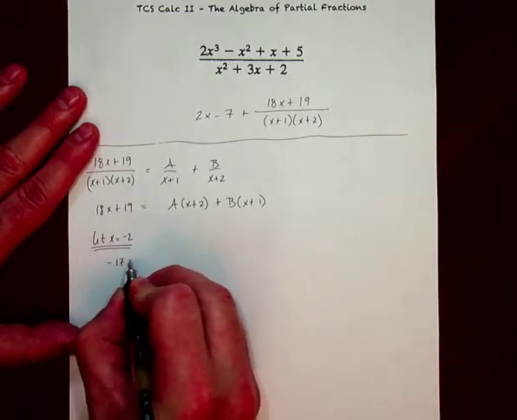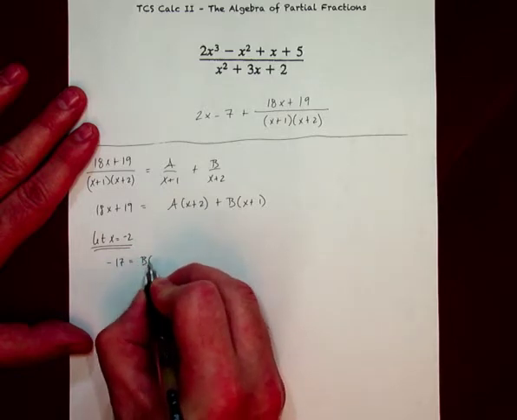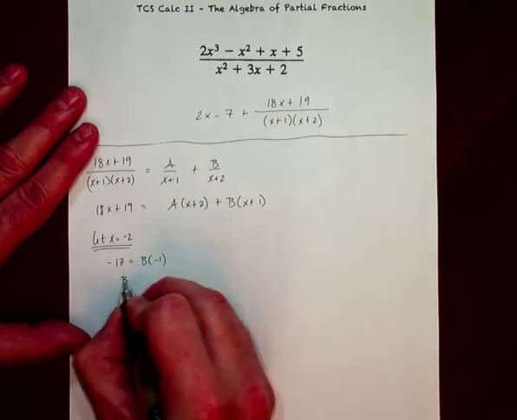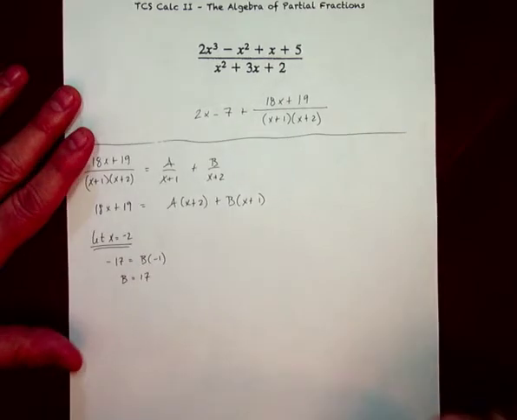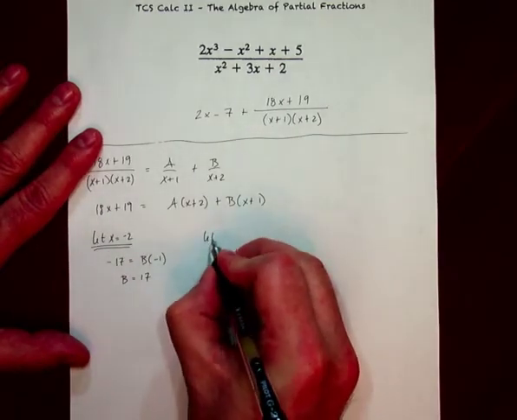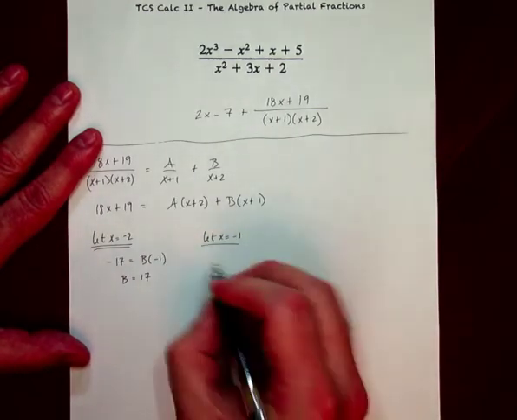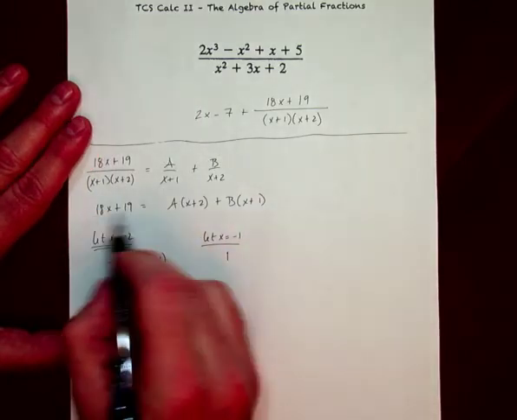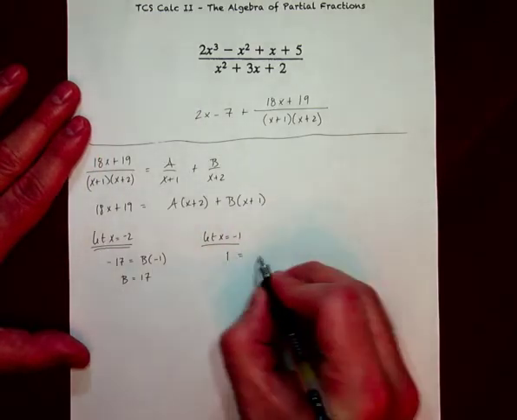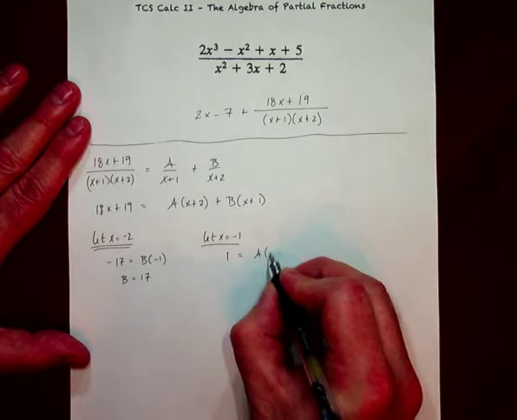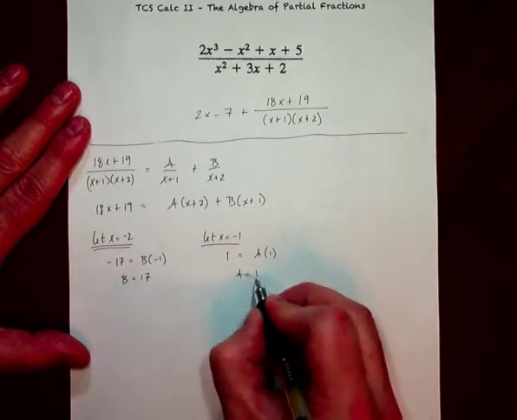You get -17 and B times -1, so B is equal to 17. And when you let x equal -1, you wind up getting 1, because it's -18 plus 19, right? And you get A times 1, and therefore A is equal to 1.